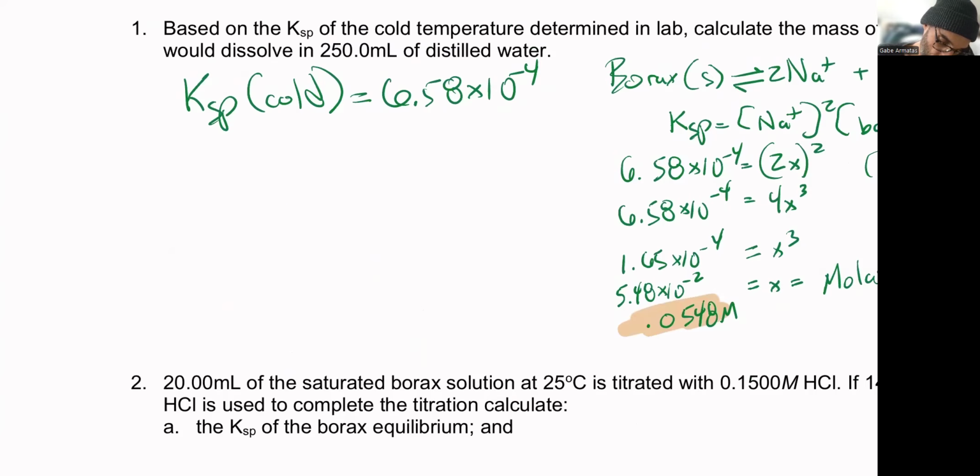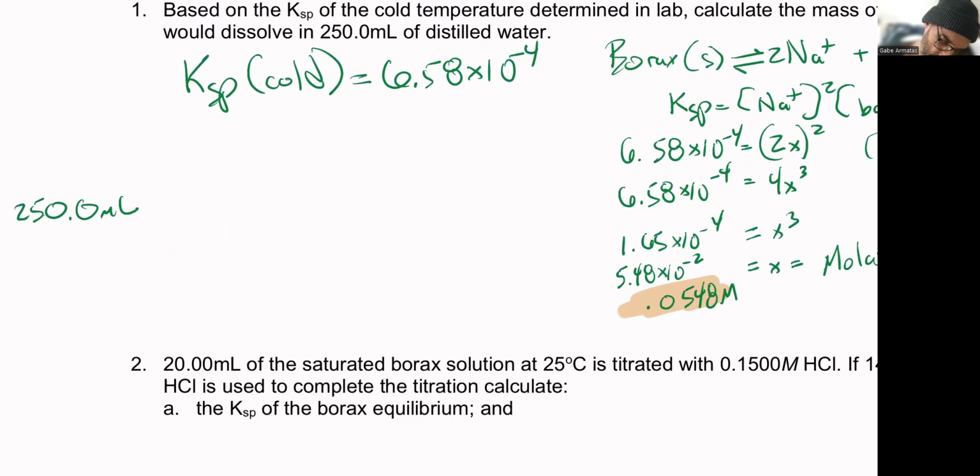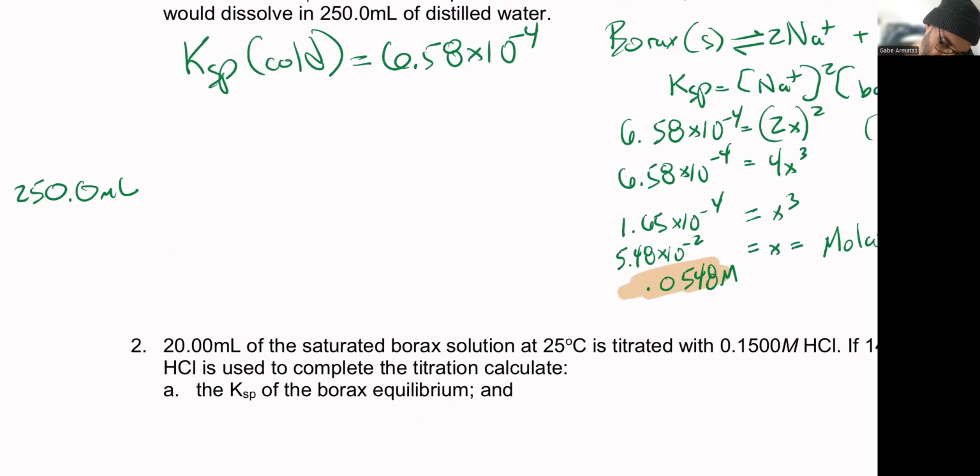So I have 250.0 milliliters of this solution. We're going to end up in grams. So I'm going to convert this from 250 mils to 0.2500 liters times a fraction. I want liters to go away and I want moles to remain.